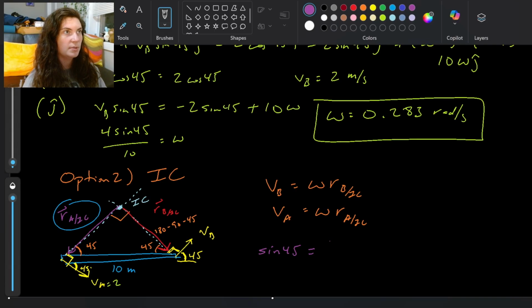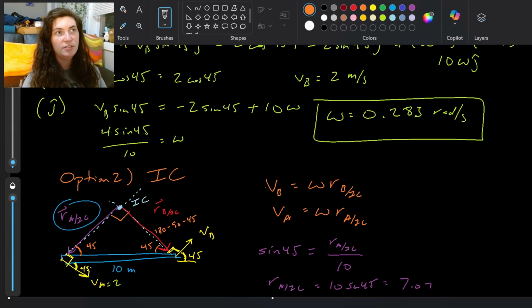So R_A with respect to the IC is 10 sine 45. That's just from the triangle geometry, all I was doing to find that position vector. It's not even the vector, I'm just finding the magnitude, because we do this all in scalar form. So that's 7.07.